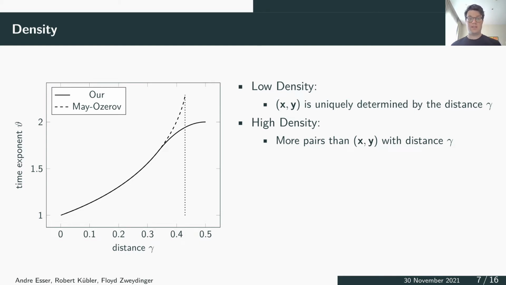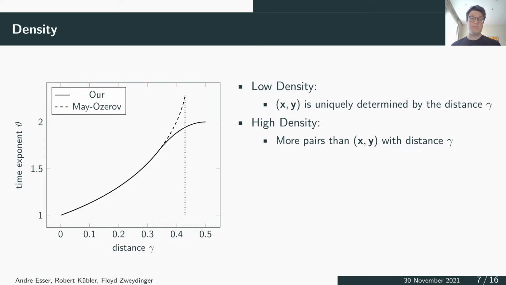On the other side, instead, the algorithm by Otzarov somehow runs off to a certain limit depicted with this vertical dotted line where it's still applicable. So this whole graph can be separated into two cases. The low density case, which we define as the case where x and y is uniquely determined by the distance gamma.